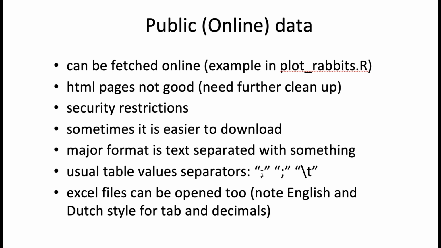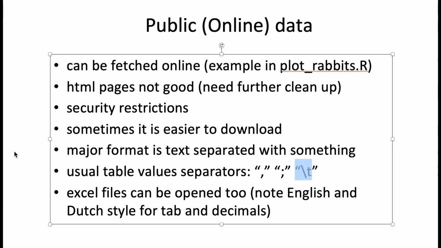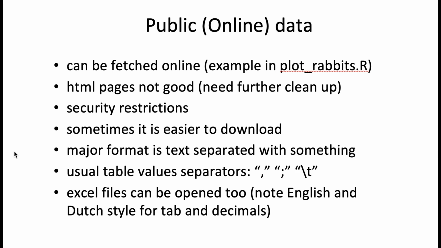For instance, for value separators, some people use comma or semicolon or space or tabulation. This is tabulation, and you don't know in advance what to do, so it's a sort of trying and seeing what you do.